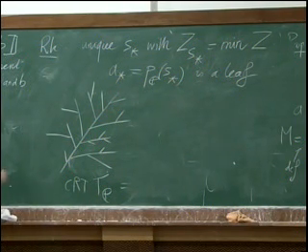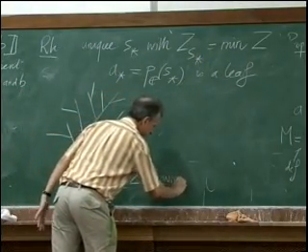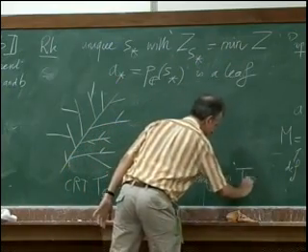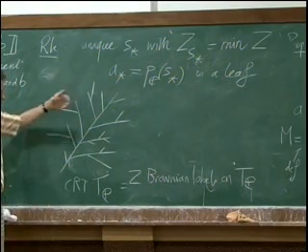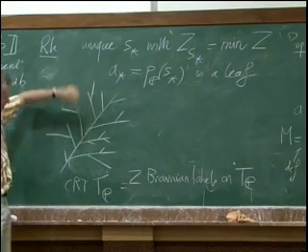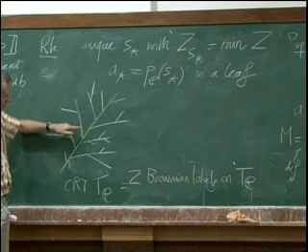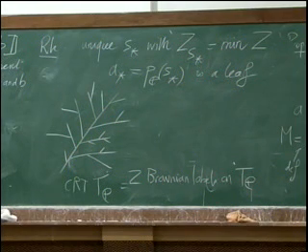You have this process Z. You should view Z as Brownian labels on the CRT. It just means that you assign to each point on the CRT a label in such a way that when you move on the tree, say along a segment here, the label evolves like Brownian motion. So if you prefer, it's a Brownian motion indexed by the CRT.